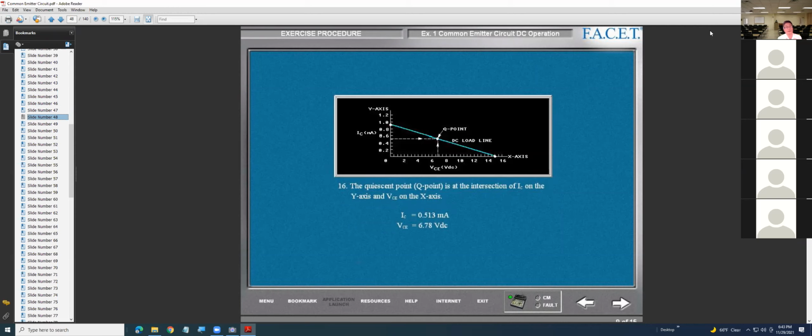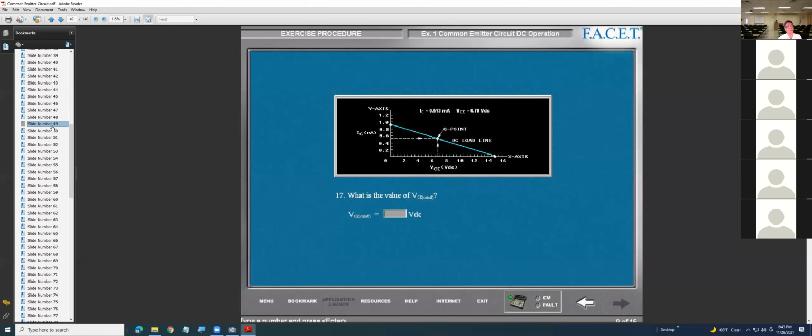At this Q point, if you want to know IC, you go right here. VCE, this is the VCE, almost 15 volt. See that? They're asking you here, you can answer that.